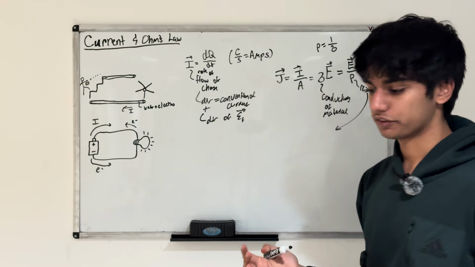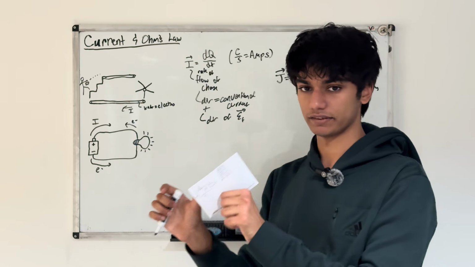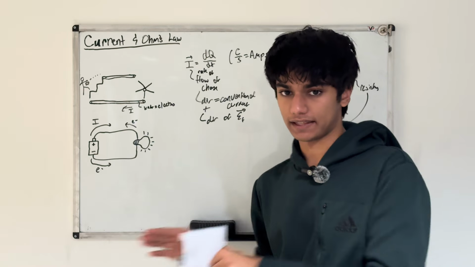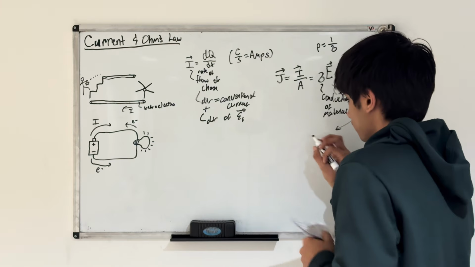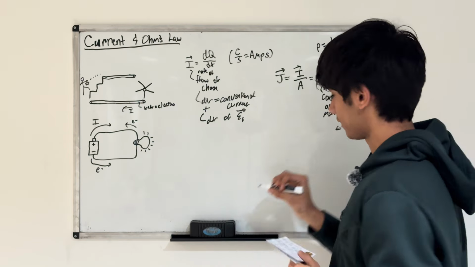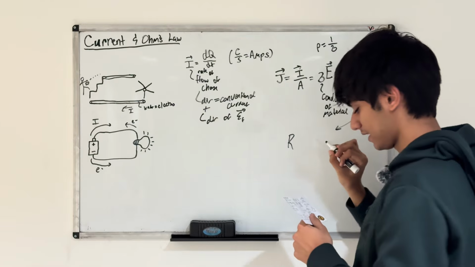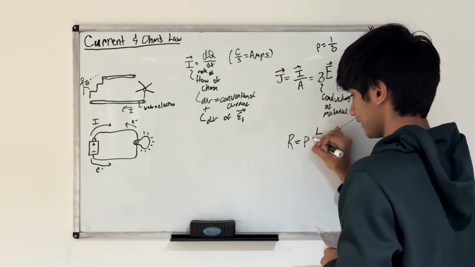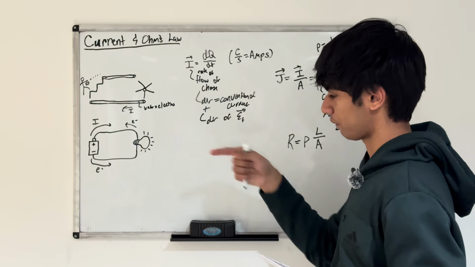From this, we get an important idea. With circuits, the electrons aren't flowing in a completely empty space. There's the actual nucleus of the atoms and other things, and that slows down the electrons and prevents their flow from occurring. The way we express that resistance is with the formula: resistance R is equal to the resistivity of the material times the length of the wire divided by the cross-sectional area of the wire.